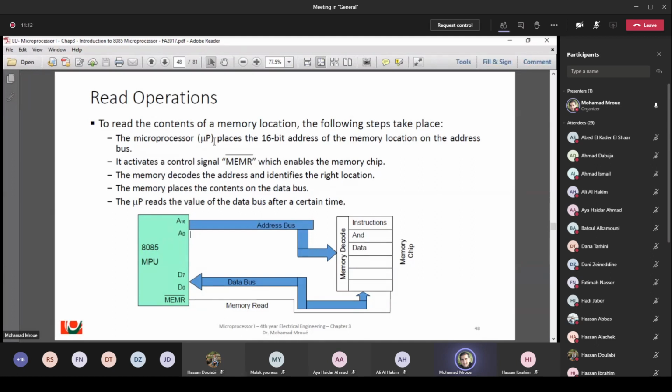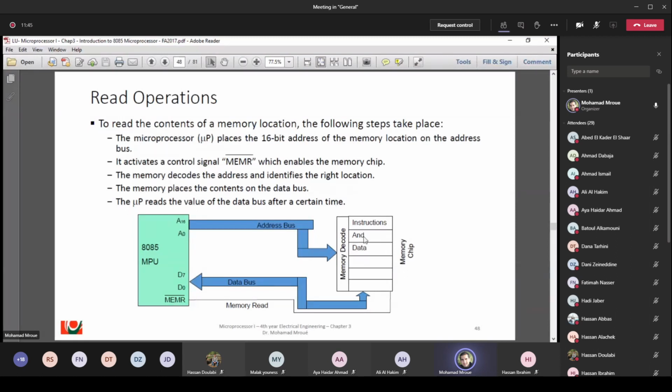So it activates a control signal, which is mem read bar, which enables the memory chip. When the microprocessor sends the address and memory read is at 0, what will the memory do? The response is that it will put data on the data bus. So the memory decodes the address, identifies the right location, and the memory places the contents on the data bus.